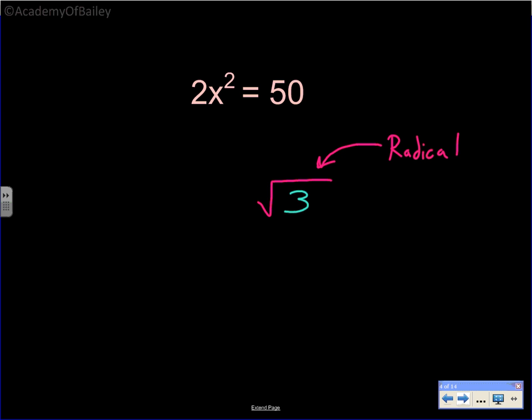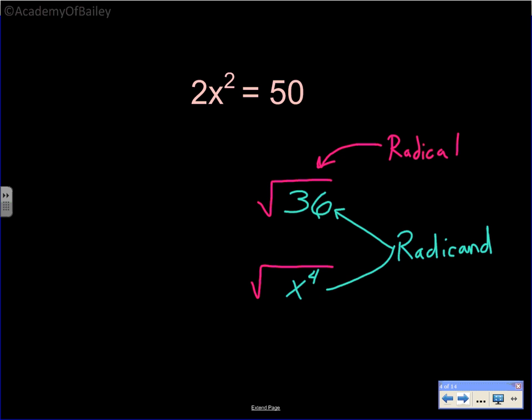If we look here, if we put a number under there, whether it's 36 or whether it's x to the 4th power, we call the numbers and the terms underneath the radical the radicand.